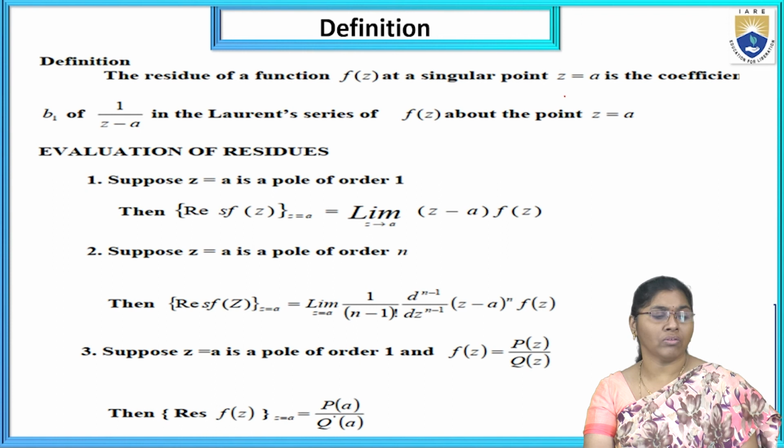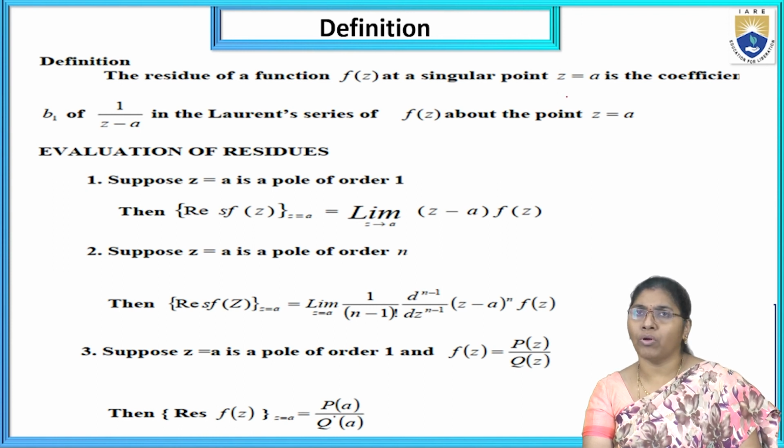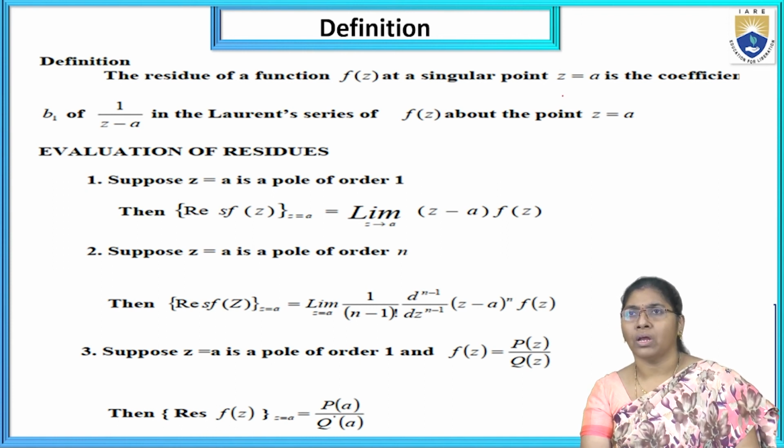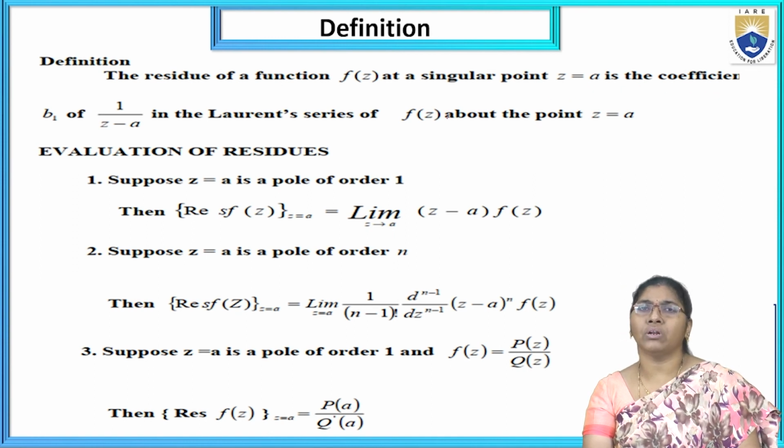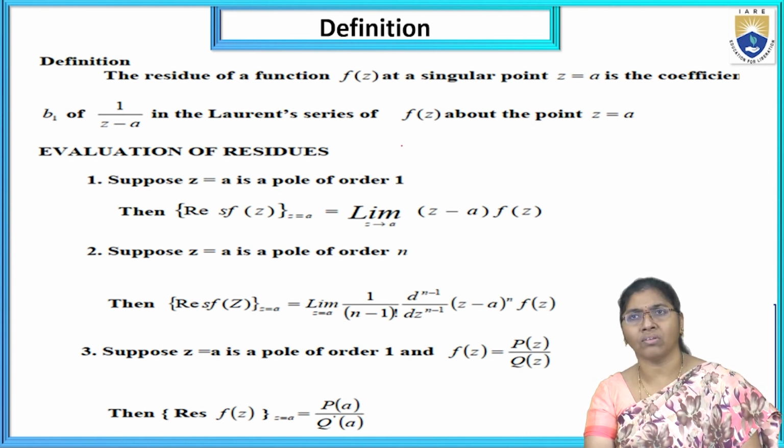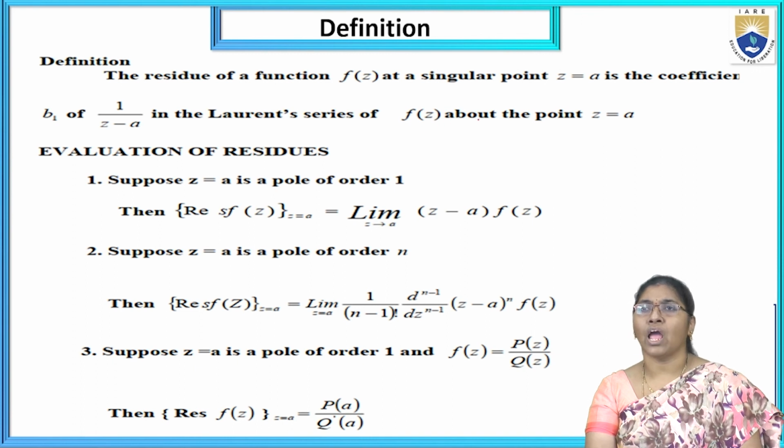That singular point means either removable singularity, poles, or some essential singularity, whatever it may be. Compulsorily we are applying the Laurent series expansion of f of z about the point z equal to a.